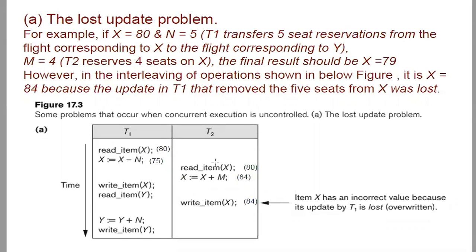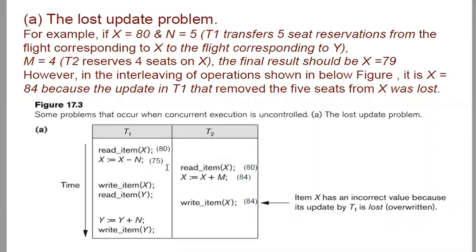Then in transaction T2, it reads the data item x as 80. When T2 reads the data item x, it reads 80, the original value, instead of 75. You can see in transaction T1 the x value is modified to 75, that is 80 minus 5 equal to 75, but in transaction T2, instead of getting x equal to 75, it is getting 80, the original value.